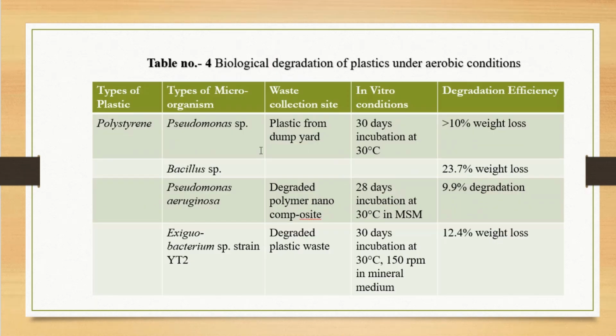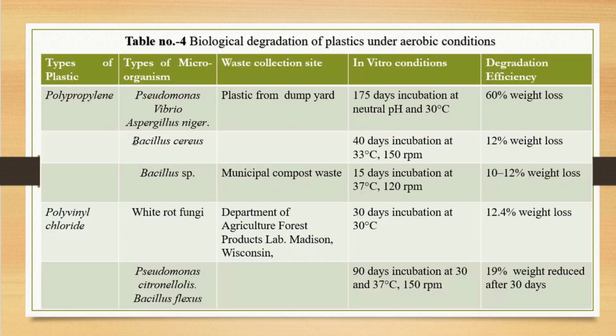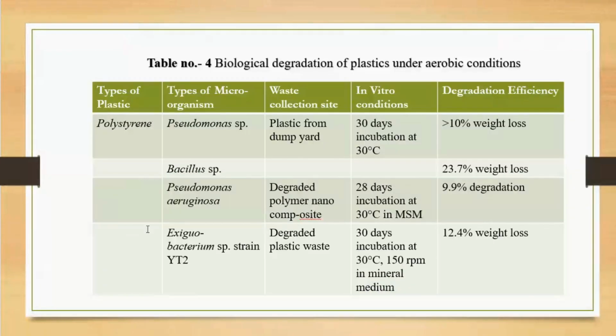and the table was calculated that they shared their result. They categorized types of plastic waste in the form of polystyrene, polypropylene, and polyvinyl chloride. When polystyrene is treated with this type of microorganism, the result is calculated as degradation efficiency, and it is greater than 10% weight loss.